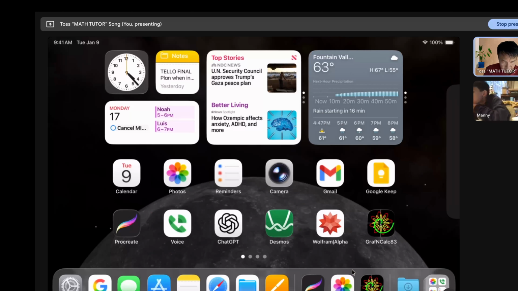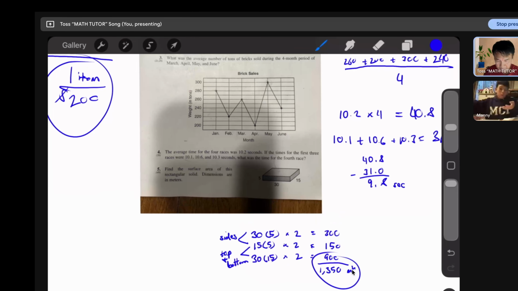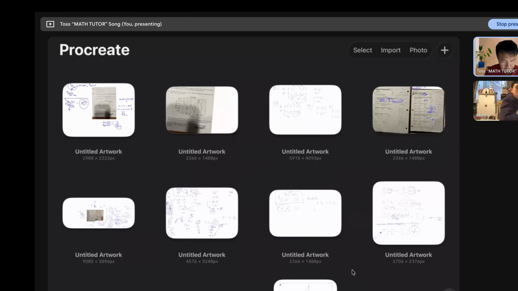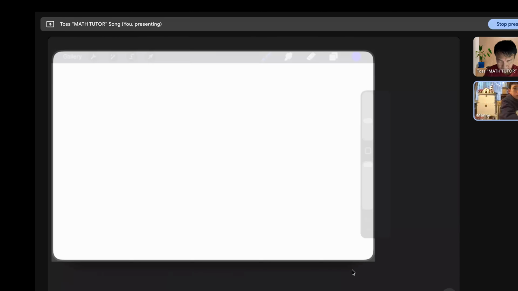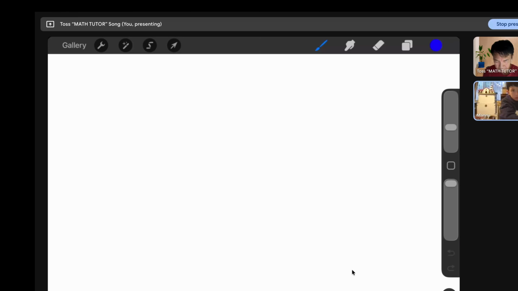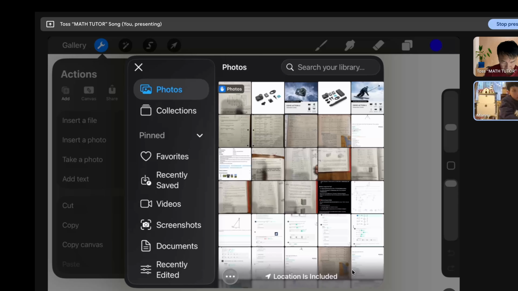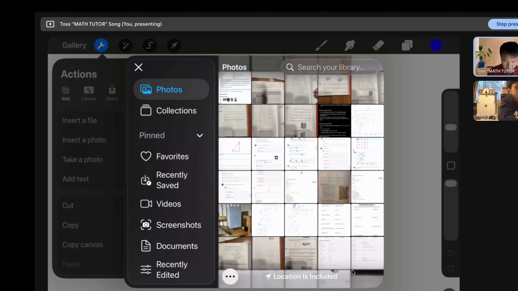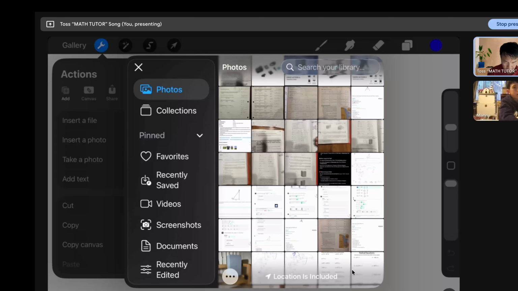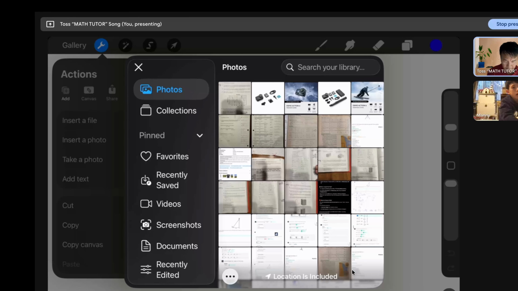Okay, let me see. Okay, it's the tent. All right, let me bring it in. Where's the tent one? Okay, so I have to bring it in. Sorry.